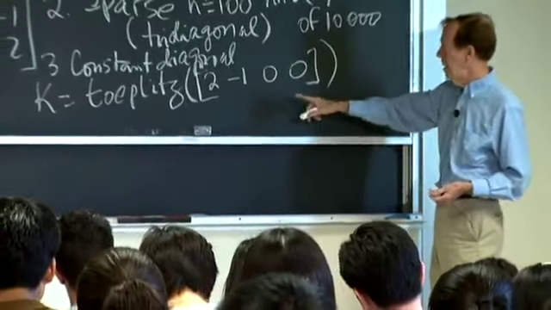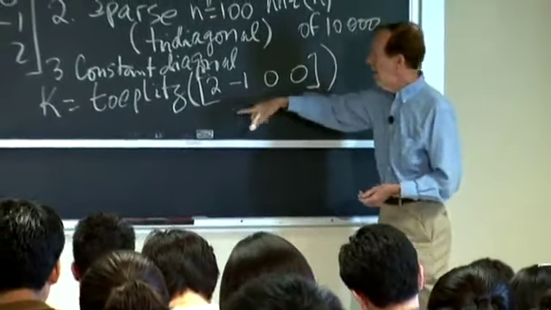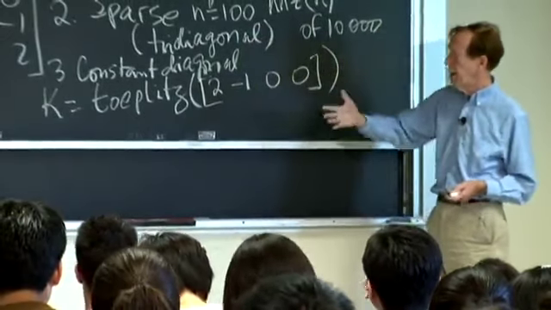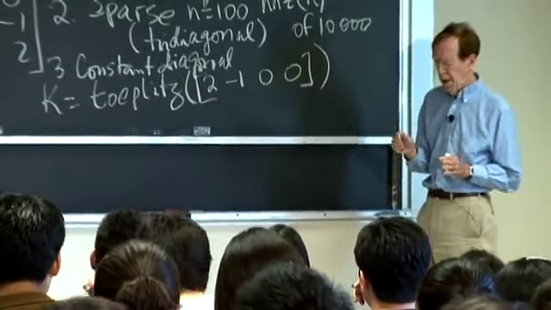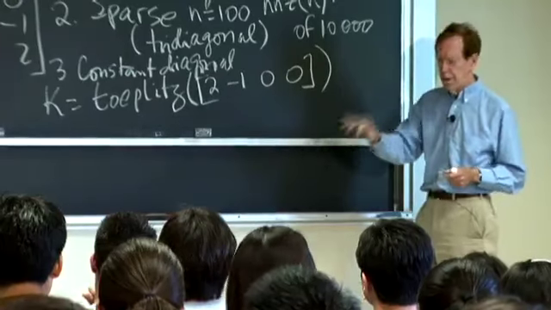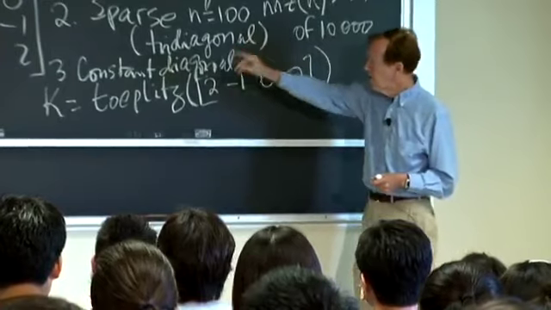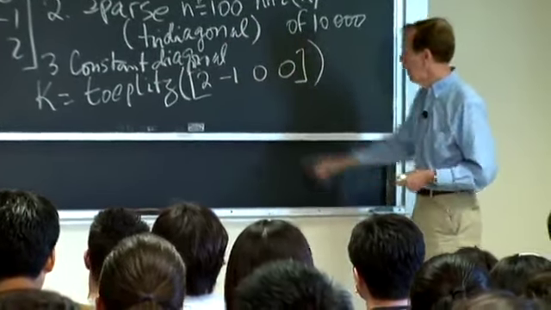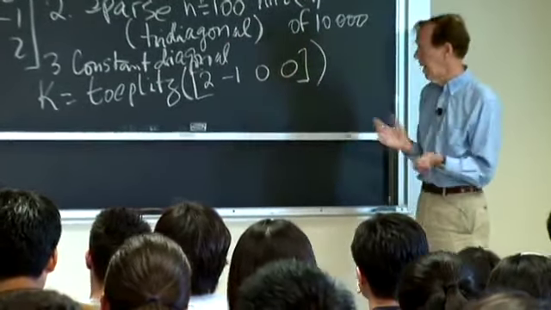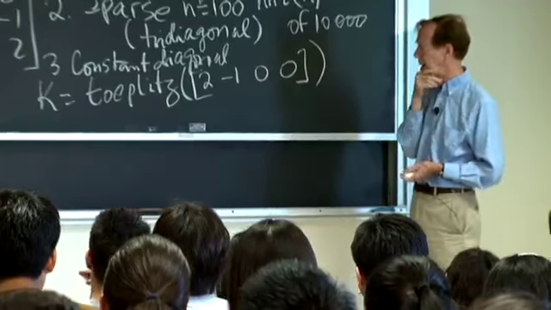If it wasn't symmetric, I would have to give the first column also. Toeplitz means constant diagonal. It doesn't have to be symmetric. But if it's symmetric, then the first row and first column are the same vector, so I just have to give that vector. Okay, so that's the quickest way to create K.